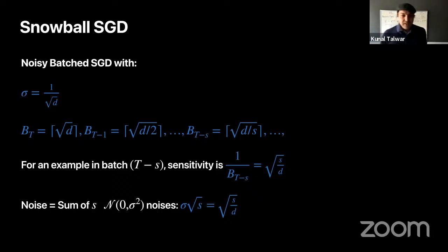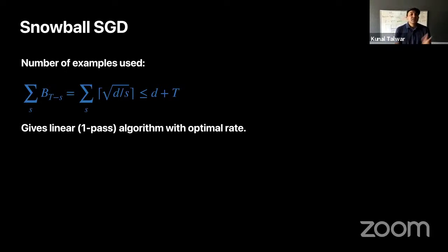So the only question that remains is how many examples does this process consume in t steps? If you just do the math, it turns out it's actually not very much. The batch sizes are falling very quickly as you move backwards, and you can show that the total number of examples you use is essentially t plus d. So if you think of t as being n over 2, you can set d equal to n.